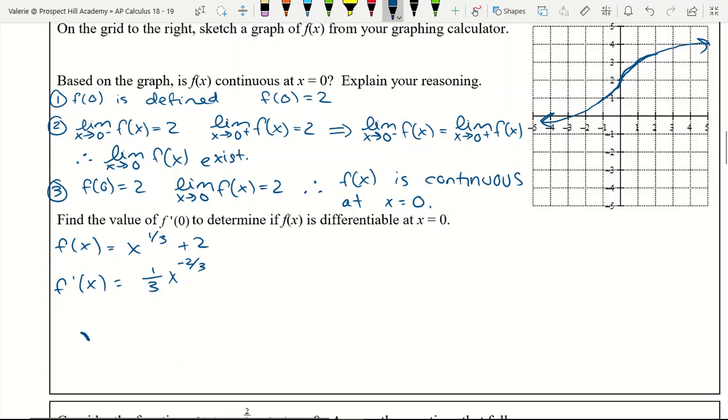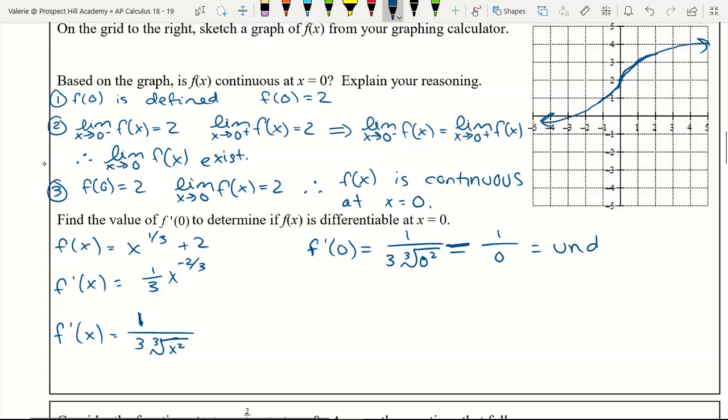If I rewrite that, the derivative of f of x is equal to 1/3 cubed root of x squared. So f prime of 0 equals 1/3 cubed root of 0 squared, which is just equal to 1/0, which is undefined.